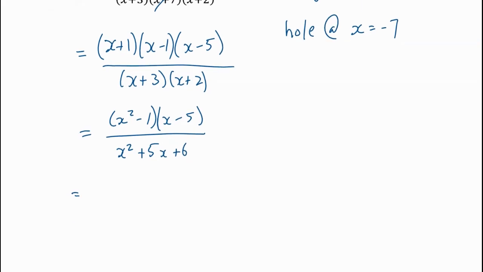So this is x squared times x, which is x cubed, x squared times negative 5, which is negative 5x squared, negative 1 times x, which is minus x, and negative 1 times negative 5, which is plus 5. And again, we can see that this has degree 3 on top, degree 2 on bottom. So it's still an oblique asymptote. It's easier to see in an expanded version. We already figured out that it's an oblique asymptote.